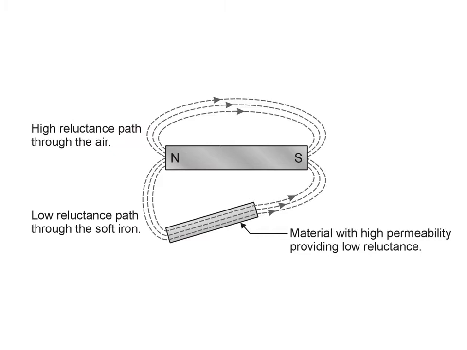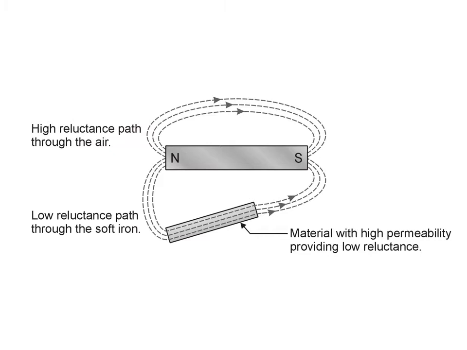Permeability is just the opposite of reluctance. It permits the lines of force to flow easily. This allows us to provide magnetic shielding. A high permeable core or material also allows us to concentrate the lines of flux.